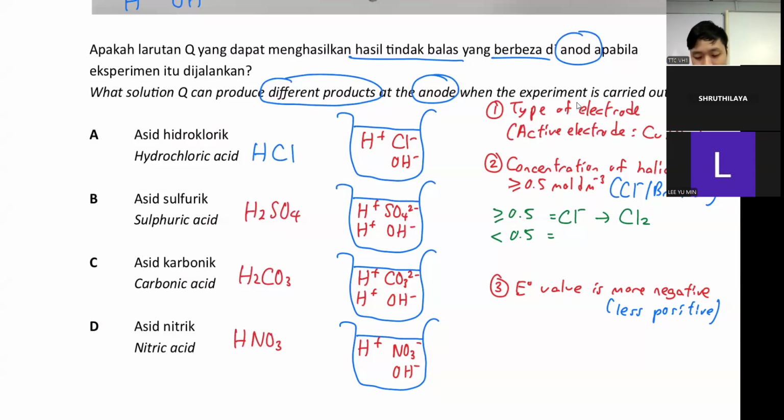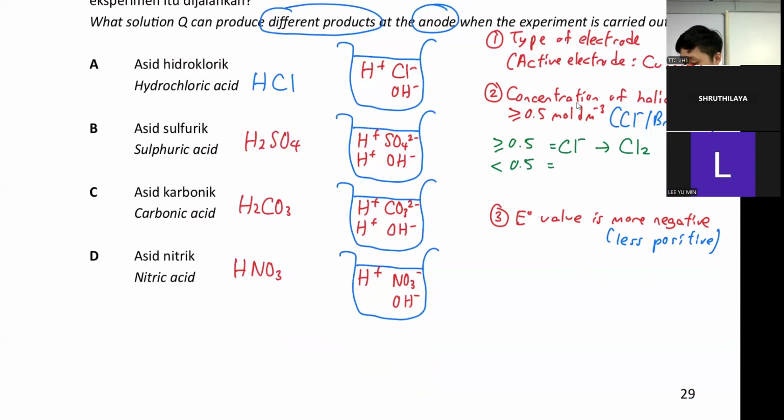Because nobody really memorizes the ion, but the E naught value. I just want to show you. Normally, OH minus is positive 0.40 volt. Cl minus is positive 1.36 volt.